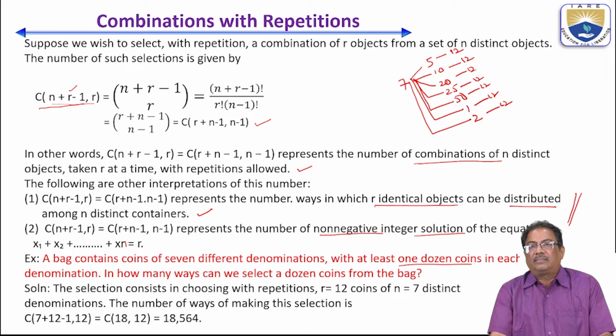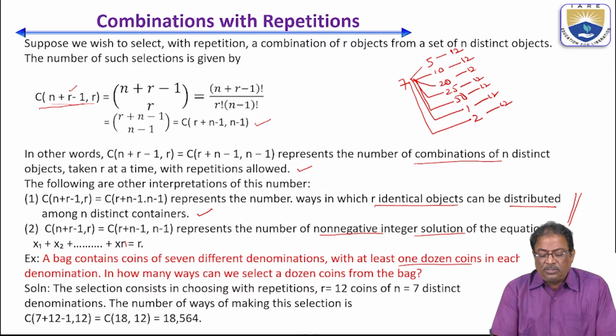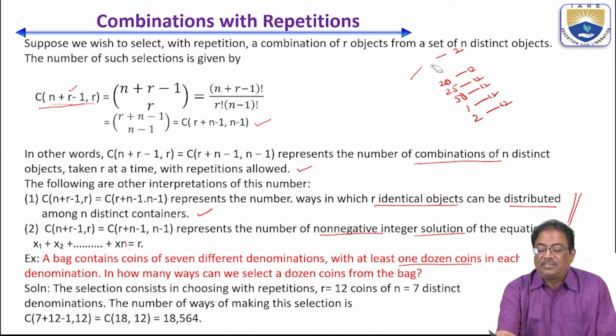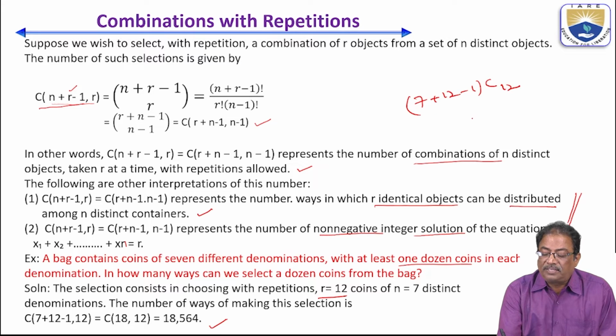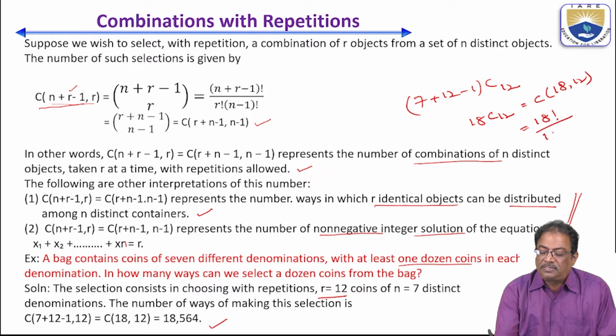Here n = 7 different denominations, and R = 12. Substituting in n+R-1 C R, we get 7+12-1 C 12, which is 18C12, also written as C(18, 12). This equals 18 factorial divided by 6 factorial times 12 factorial.